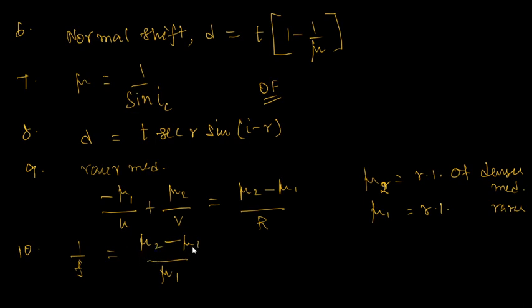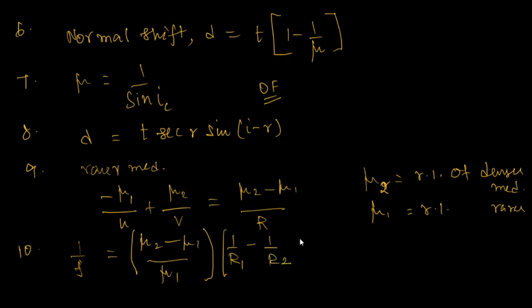So mu 2 minus mu 1 divided by mu 1, is it not? And not only that, along with that, into 1 by r1. What is r1? That is the radius of curvature of the first surface, and the radius of curvature of the second one, r2.